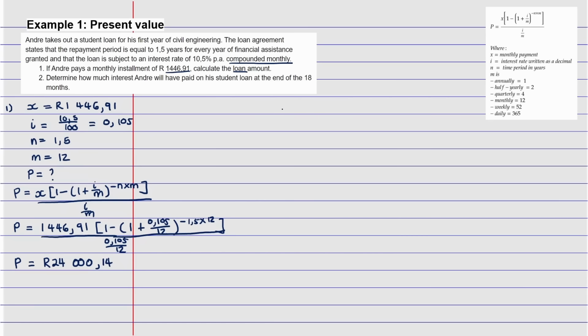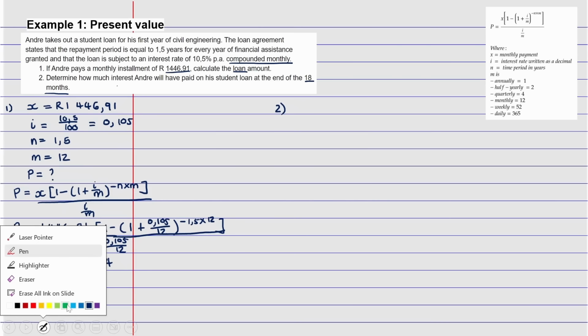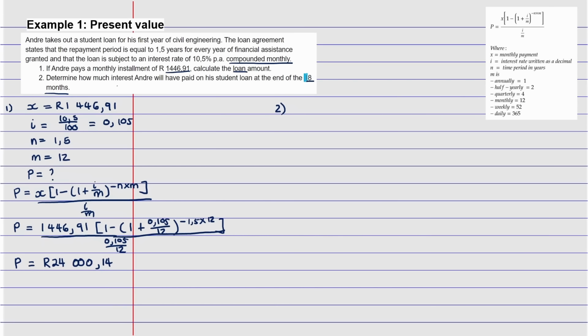Now, number 2: determine how much interest Andrew would have paid on the student loan at the end of 18 months. Here you see that they actually changed our N. They want us to calculate at the end of 18 months. Very important, and I'm just going to emphasize this: since they gave us 18 months, we do not need to multiply N by this M, because M changes years into months.